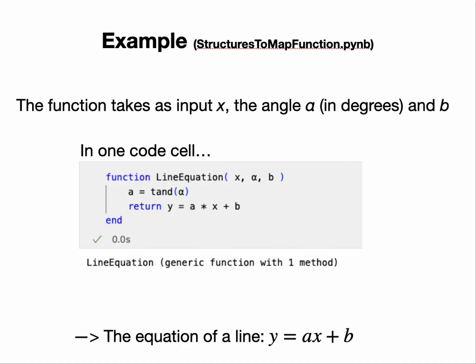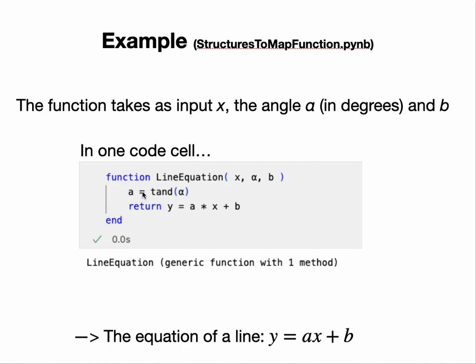So what about typing a function that will compute the equation of a line? Let's do it. We can generate a code cell. And this function takes as input x, the angle alpha in degrees, and b. That's how it is typed. So function, line equation, x alpha b.